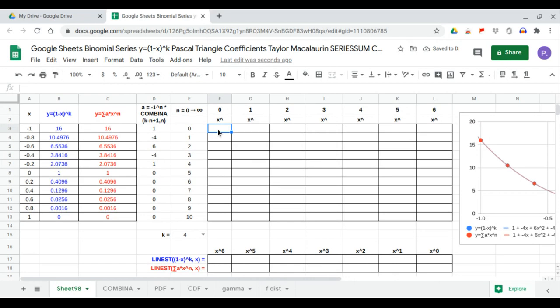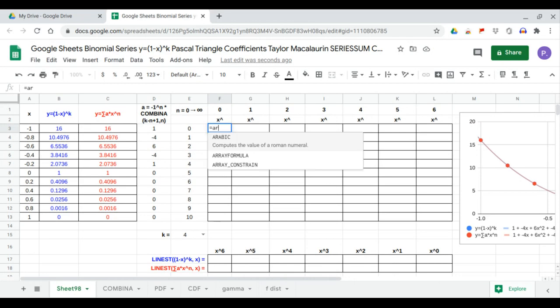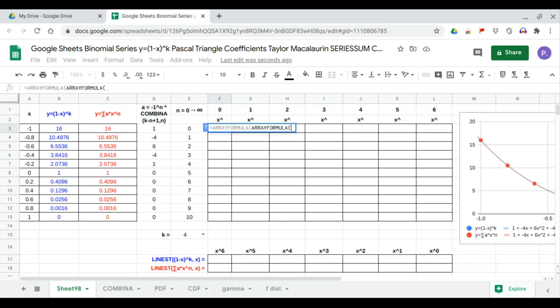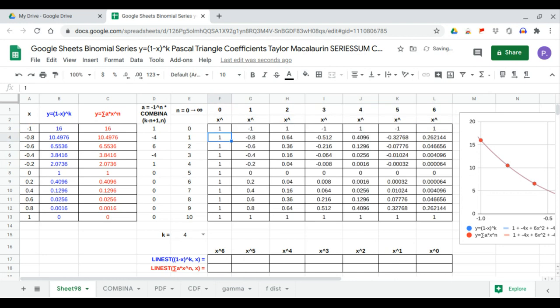This will be equal to array formula of the x values raised to the power 0 to 6. And we can enter LINEST of data y, comma, and data x.